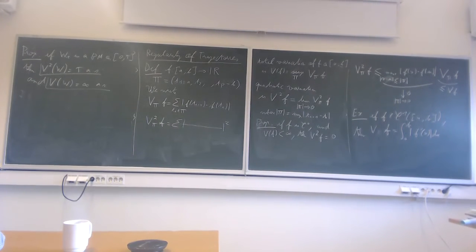Rectifiability is bounded variation, it's the same, just two different words used in two different contexts. Yes, rectifiability is bounded variation, on the interval. Originally it comes from BV when you go to several variables, where the notion is much more subtle.